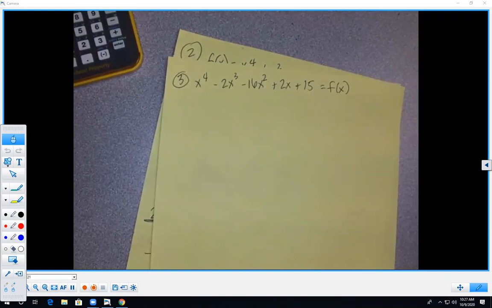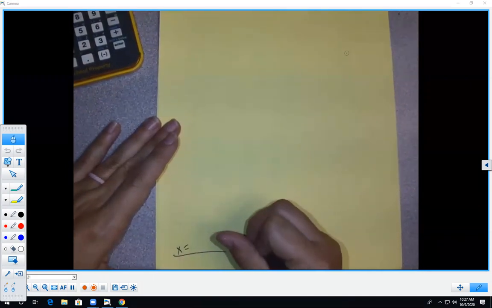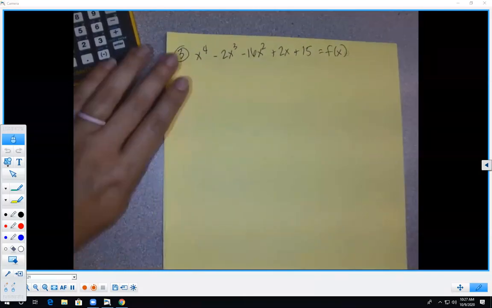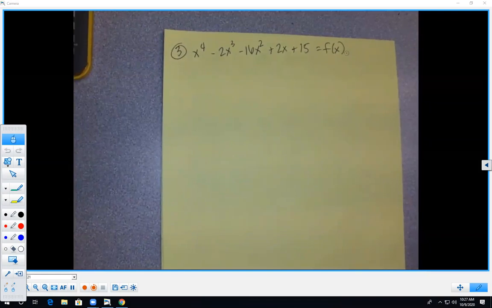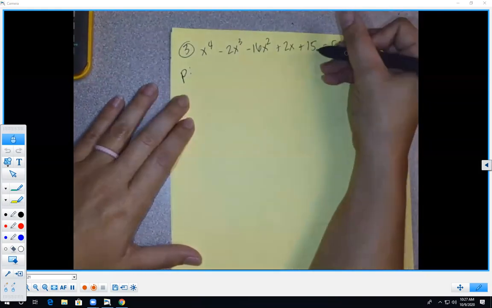Okay, so first thing we're going to do, how many answers are there here? 4 different answers. 1, 2, 3, 4. Let's narrow our options down from infinity to a smaller set by doing P's and Q's. What is the factors of the constant term?